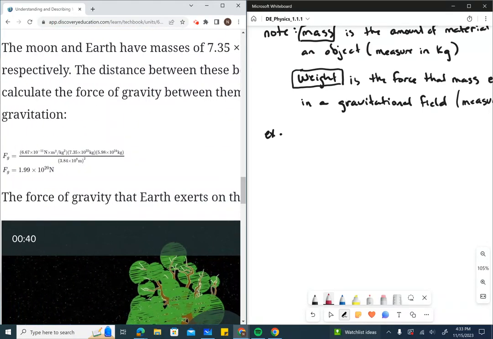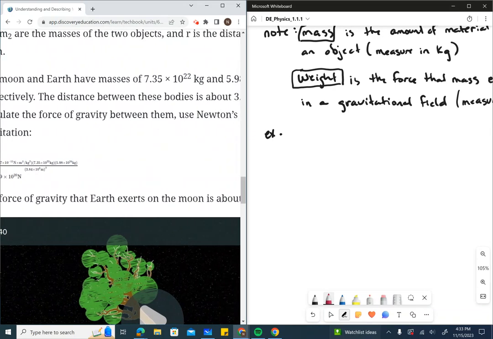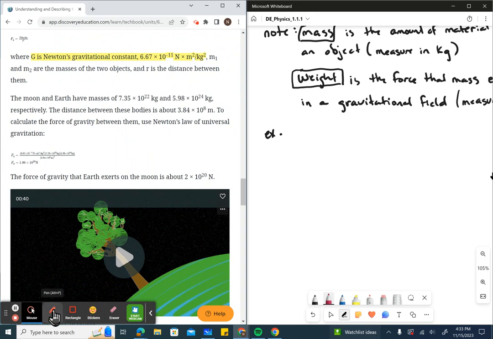So the Moon and Earth have masses of 7.35 times 10 to the 22nd. So they give us the M1, we'll say that's the mass of the Moon. And Earth is going to be M2. This has a mass of 5.98 times 10 to the 24th. A bigger number, that makes sense.